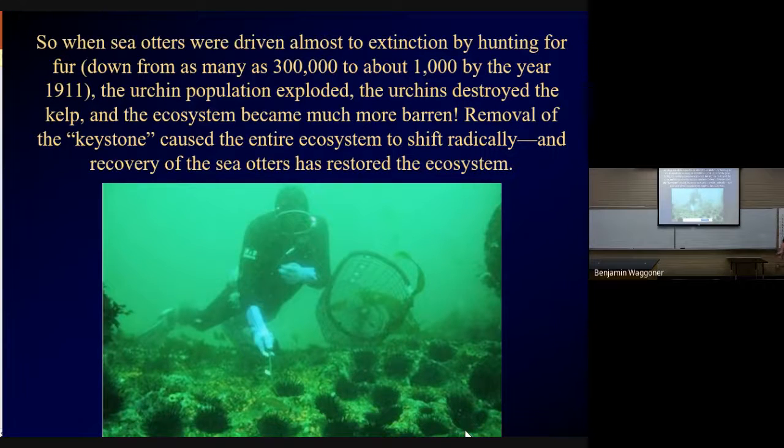And with one thing and another, the sea otter population by 1911 was down to 1,000 left, from as many as 300,000 before. They had lived up in Oregon, Washington, Alaska, all the way to the Aleutian Islands, and they had simply been wiped out of all of there.